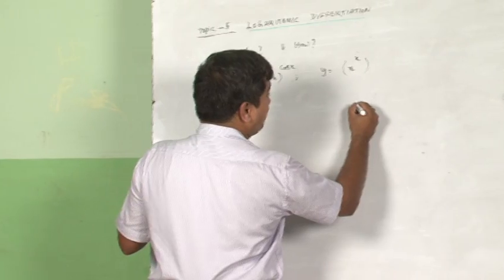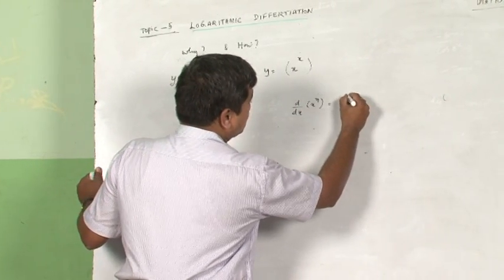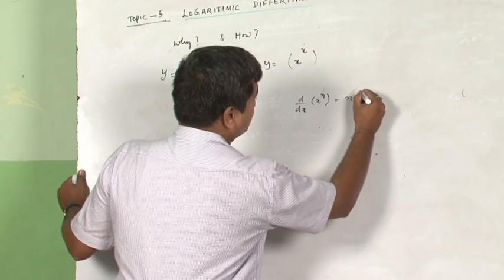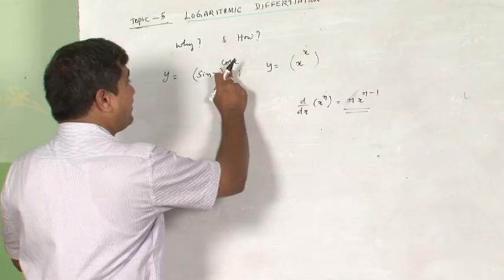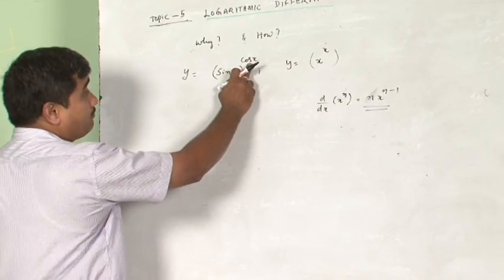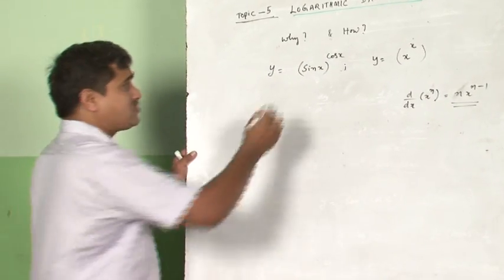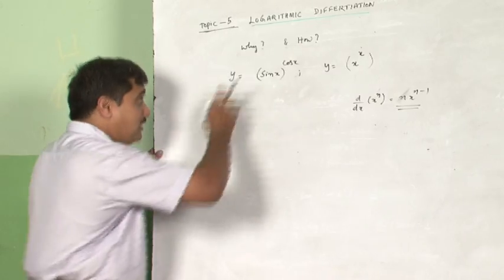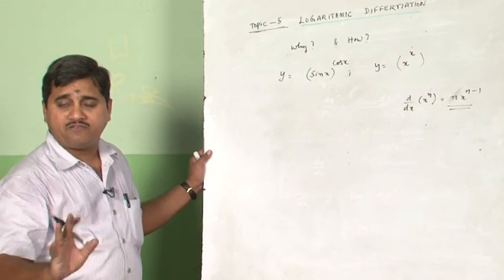Even if you say, sir, can we apply the rule of x to the power of n as n into x to the power of n minus 1? This rule is not applicable, mainly because the power of the function is not a number. Since it is not a number, it is mandatory for us to bring this function down. This can be done only by the logarithmic function.